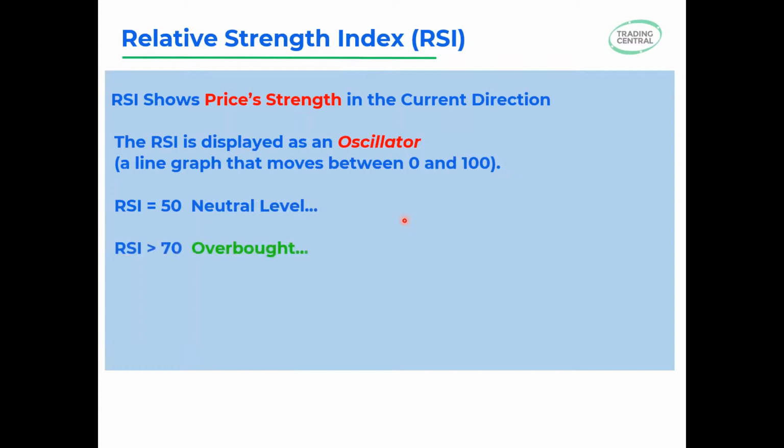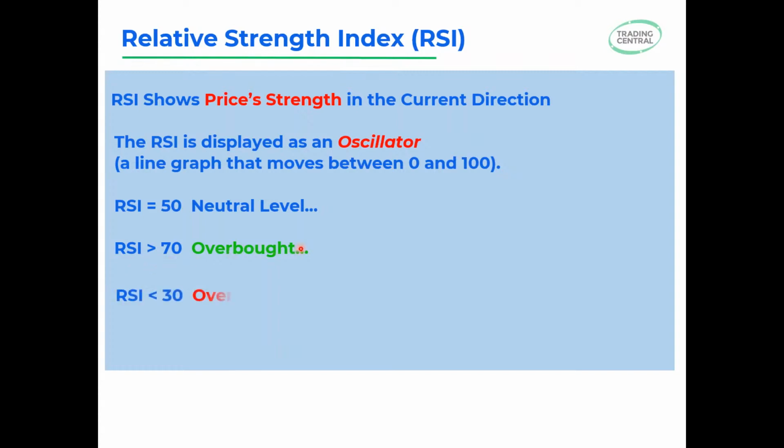Above 70, we say it is overbought. Now remember, in general, we say it is overbought, but it doesn't mean that we have to sell and hide away, because in most cases, stocks and indices will be overbought. It means their RSI will stay above 70 for quite a while.